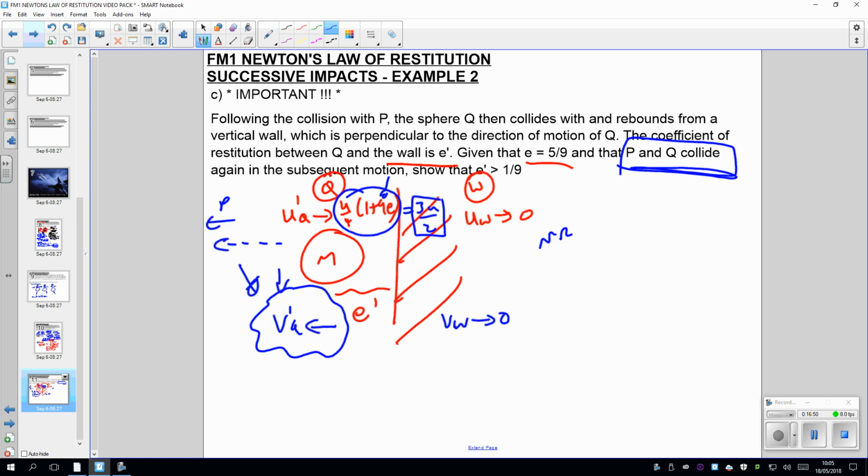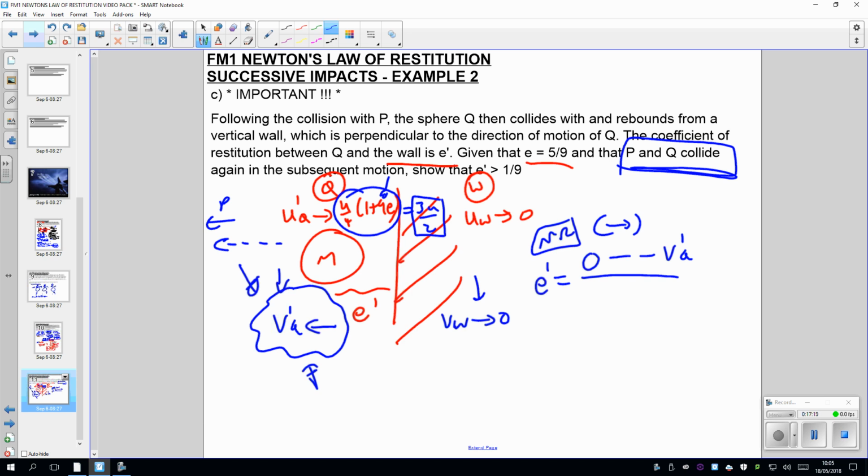So Newton's restitution, I'll go to the right. Why not? It doesn't matter. I just need to be consistent. So E prime, speed of separation, difference. What's the one going to the right? This one. So 0 minus. What's the one going to the left? Well, here, minus VQ prime. So it literally doesn't matter what I pick. Go to the right.